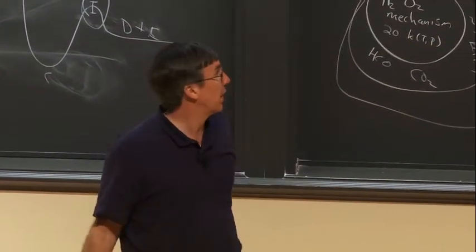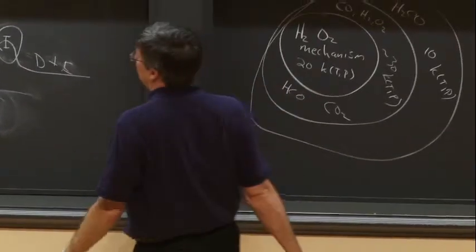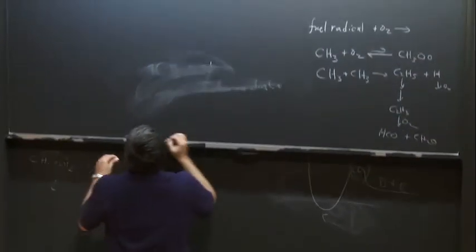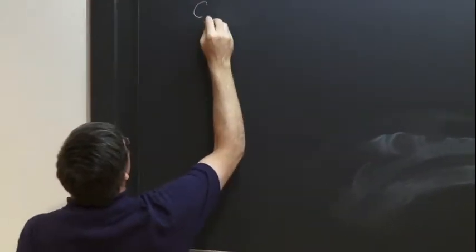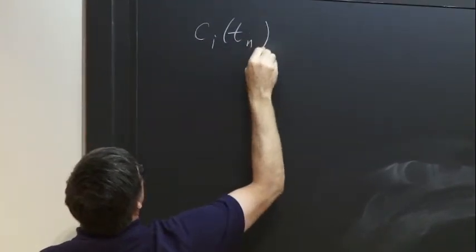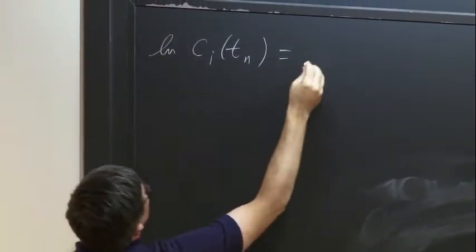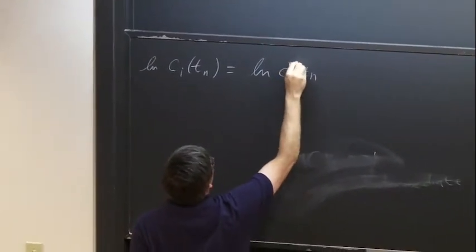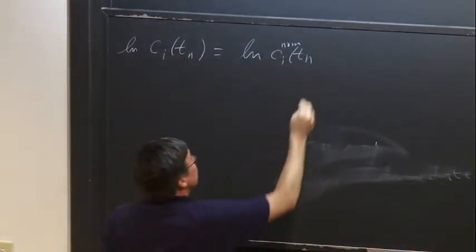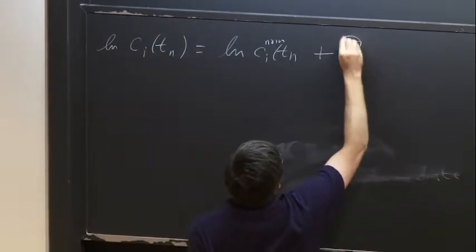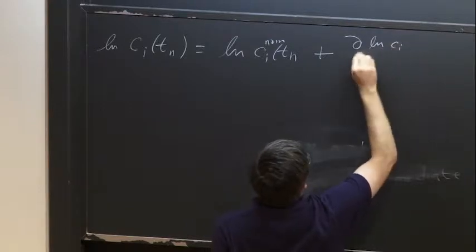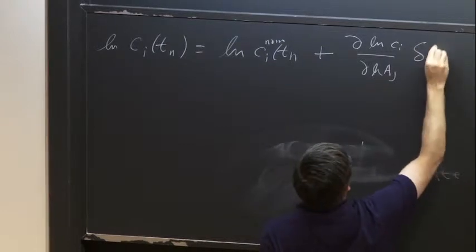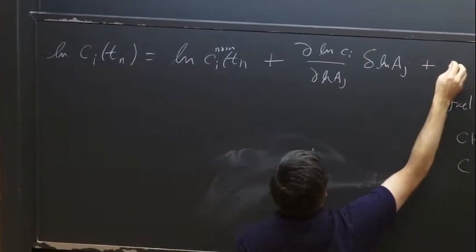So really there's like a Taylor expansion: the concentration of species i at time T, or say logarithms, is equal to my nominal value, that's using my nominal values of the rate coefficients, plus d ln C_i over d ln A_j times my error in ln A_j, plus higher order terms.